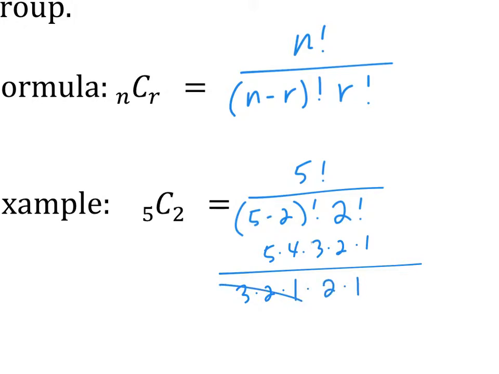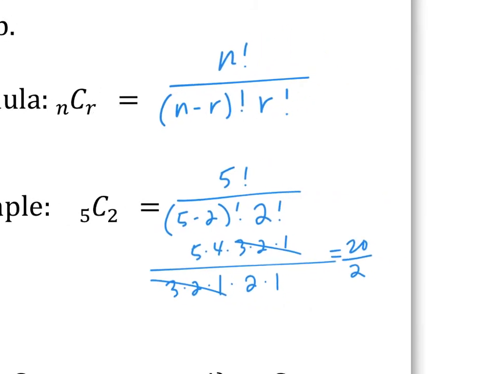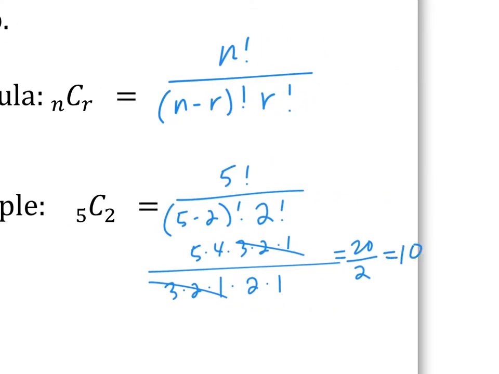Okay, so the 3, 2, 1 and 3, 2, 1 cancel again. 5 times 4 divided by 2 times 1, so that is 20 divided by 2. So the answer is 10. Okay, so now find the nCr button on your calculator and make sure that you can get 10.